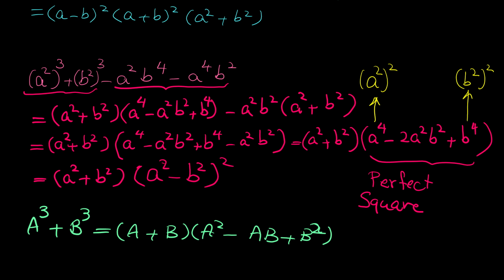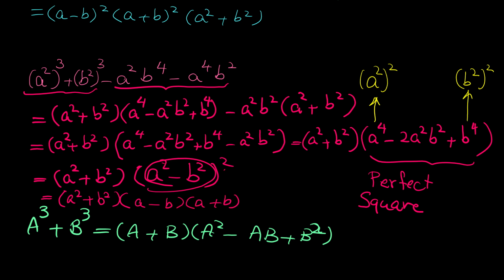The reason is that a² minus b² can be factored as a minus b times a plus b. Please pay attention. I'm going to write a² plus b² again here. I factor this and I write this as (a minus b)(a plus b).